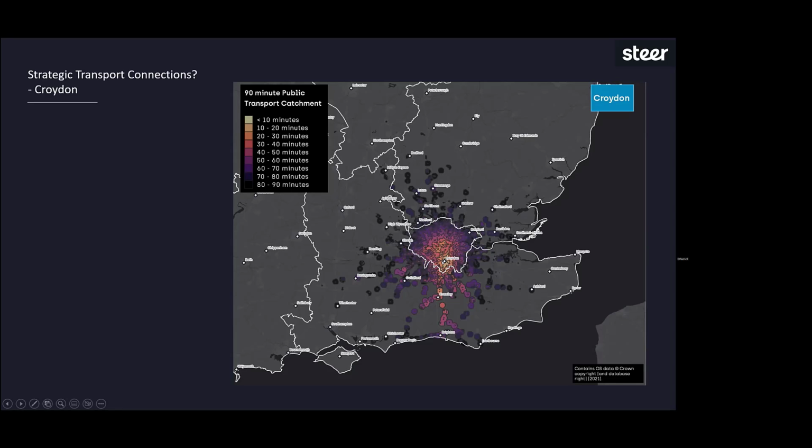So potentially Croydon has other advantages of maybe being able to connect to some of the other regional 15-minute cities within London, so you can get to them by public transport rather than having to defer to private vehicle access. And this might be something that is quite important for London moving forward.